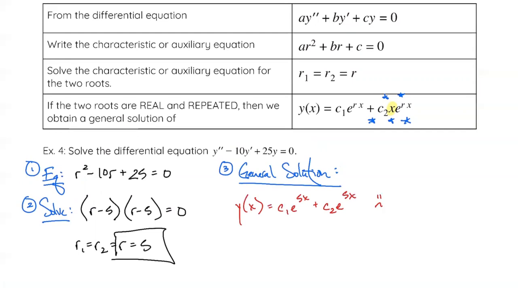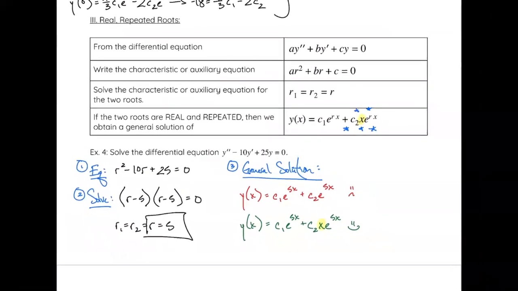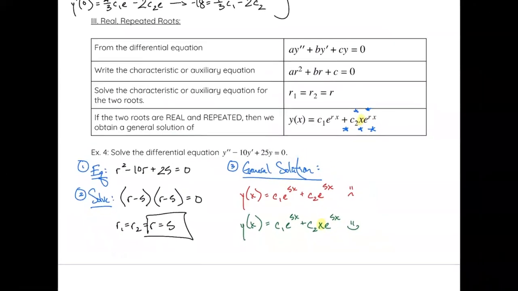Okay, so we need to account for the fact that we have a repeated root. We want to make sure we don't forget that C2 x e to the 5x. So again, this x must be in there in order for us to have a general solution if we have real repeated roots. Okay.